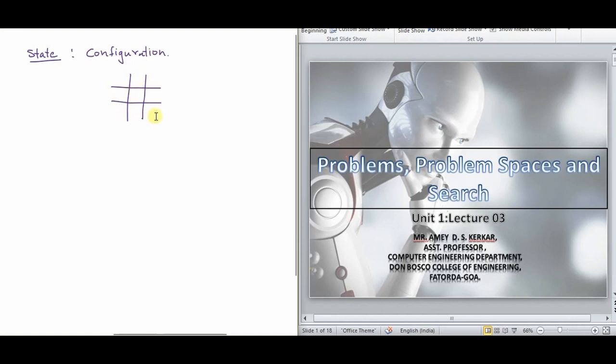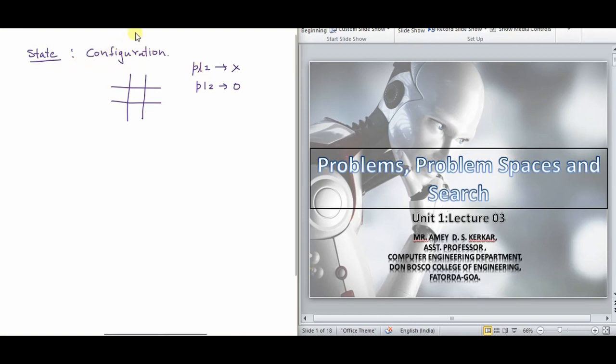It's a 2-player game, and at every turn, player 1 can mark X and player 2 can mark O onto the blank cells.